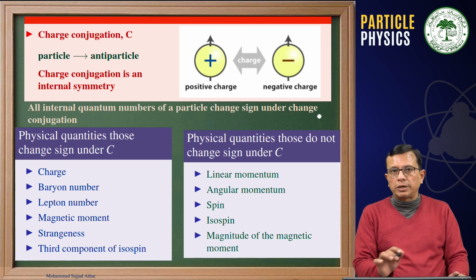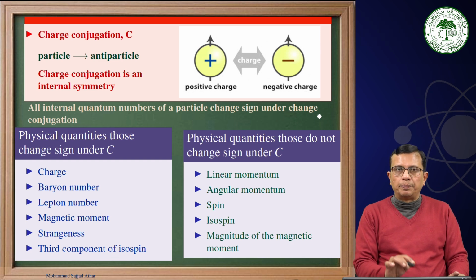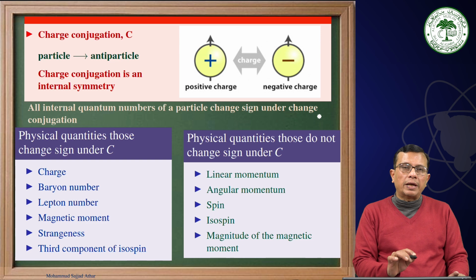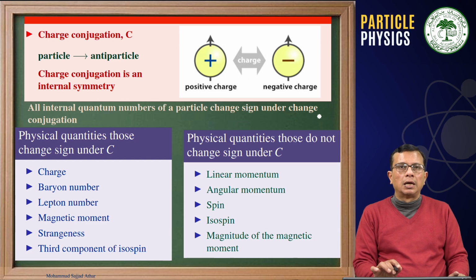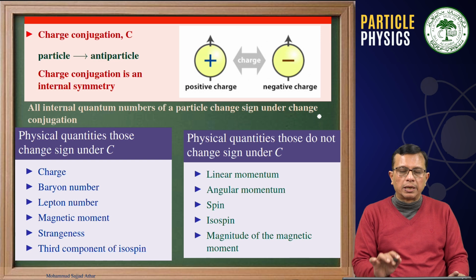Baryon number is getting changed, because proton is becoming antiproton. Electron is becoming positron, so lepton number is getting changed. Magnetic moment is getting changed because the sign of the charge is getting changed. Strangeness: when I operate on sigma plus, it becomes sigma plus bar, whose baryon number is -1 and strangeness is +1.